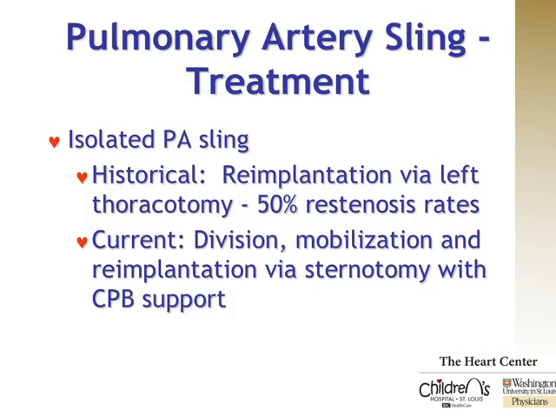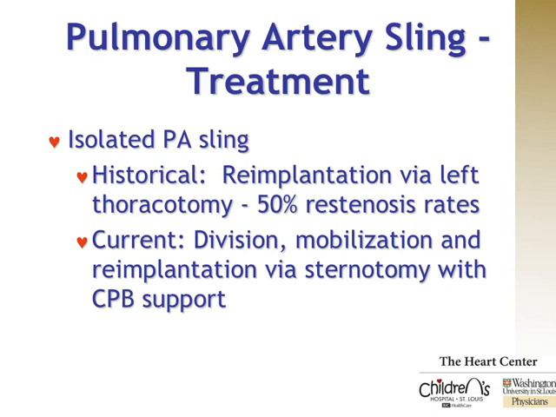And so in the case of an isolated pulmonary artery sling, presumably it's symptomatic because of compression of the airway. Historically, people would approach these via left thoracotomy and perform a reimplantation, but there was a very high restenosis rate. It's pretty difficult to do an adequate reimplantation through a left thoracotomy, particularly in a small child.